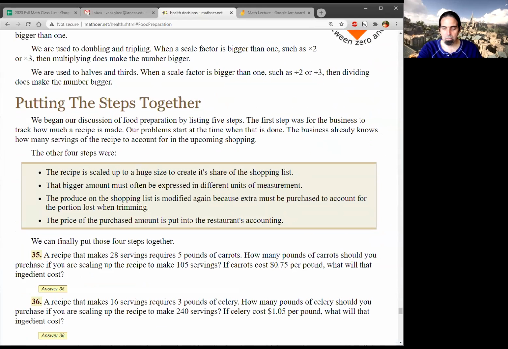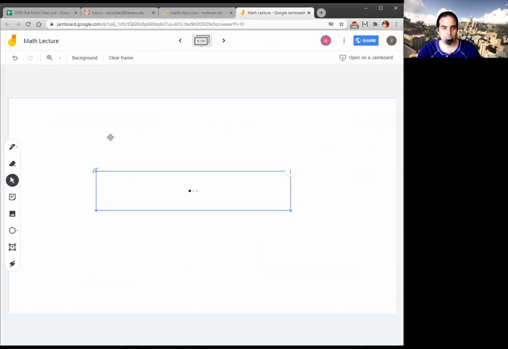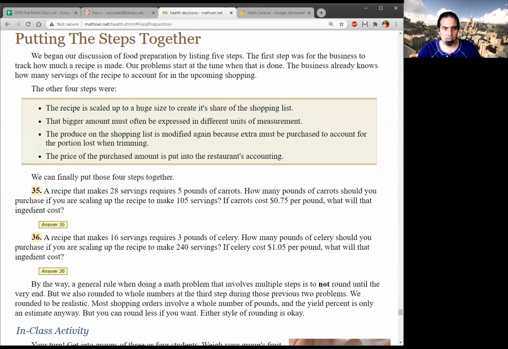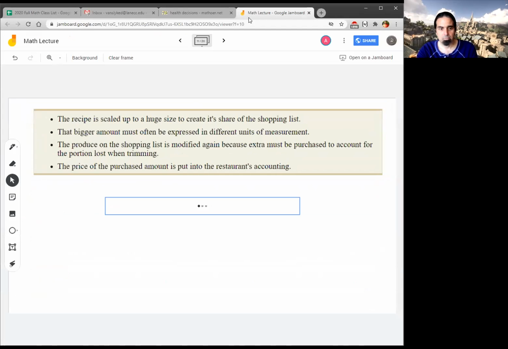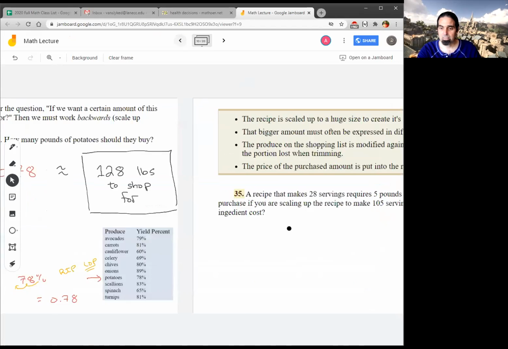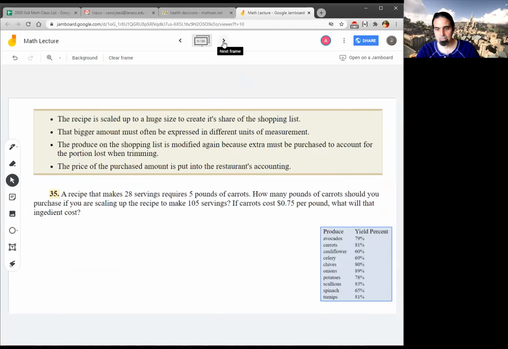Okay, we have our steps. We can actually do complete kitchen math now. So a recipe that makes 28 servings requires 5 pounds of carrots.